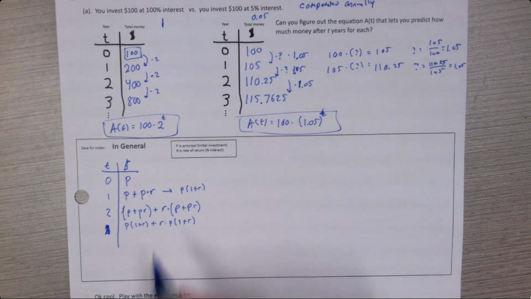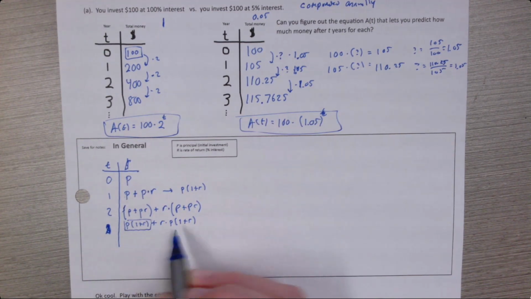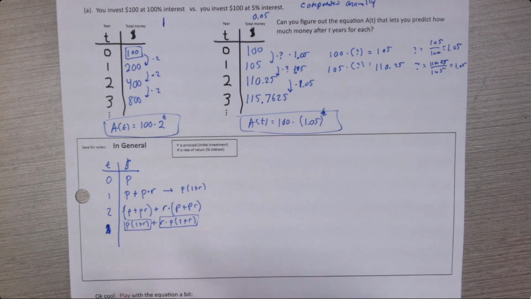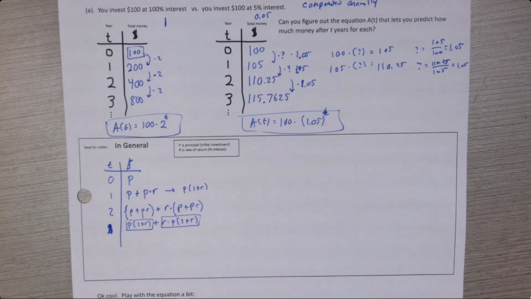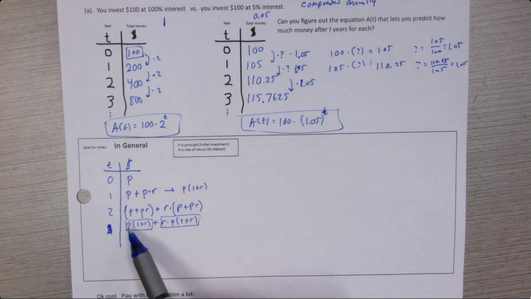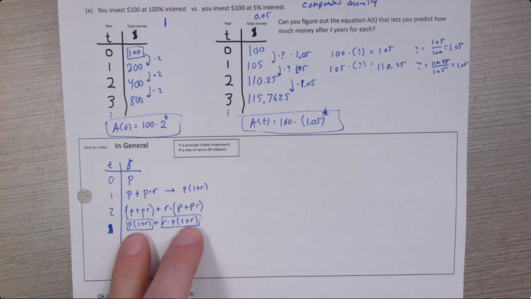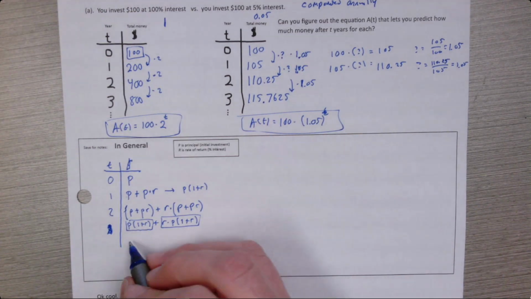Okay, so I'm noticing another thing. I've got two terms here. And there's a lot in common between the two terms that I could factor out. Why don't you see if you see it? It's going to be so nice. So I'm seeing both terms have a p times 1 plus r. So let's take that p times 1 plus r and factor it out.